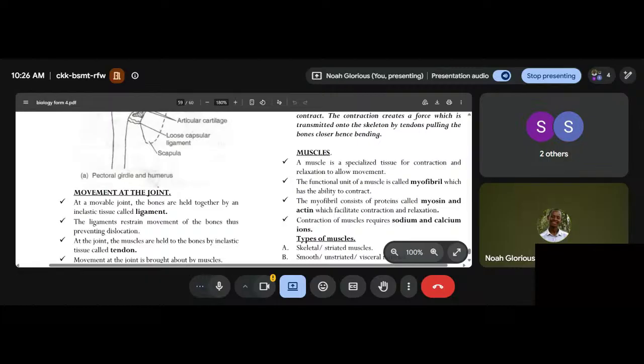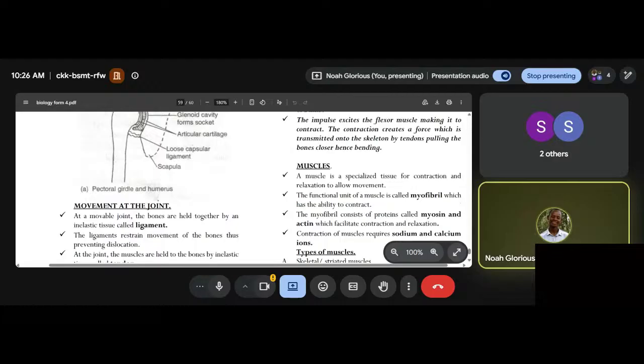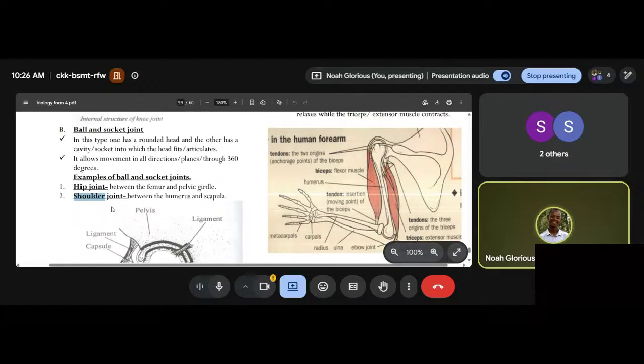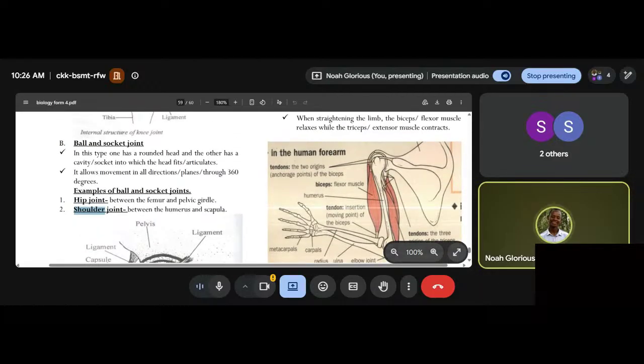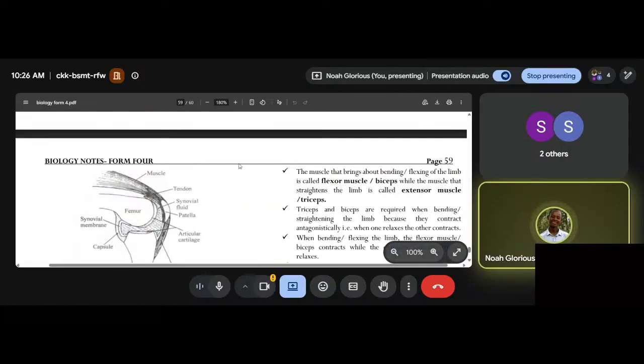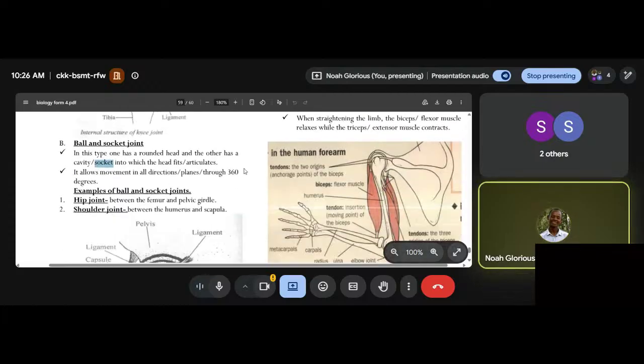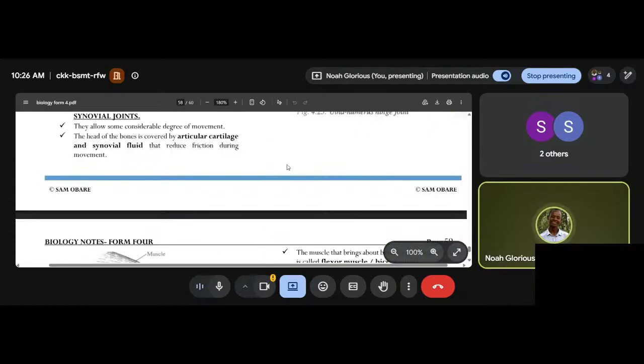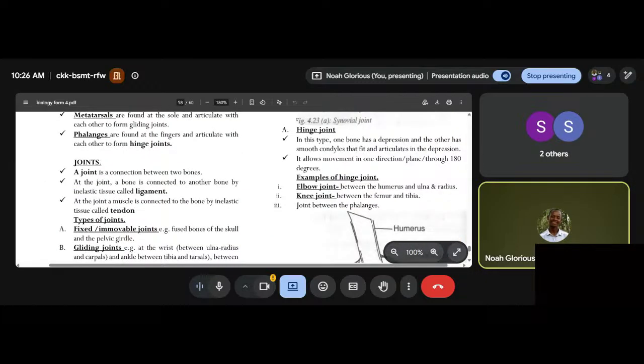Okay. We also said one has a depression. If I go back here, one has a rounded head while the other one has a socket. And for the other one, we said one has a depression and the other has smooth condyles. What do we mean?